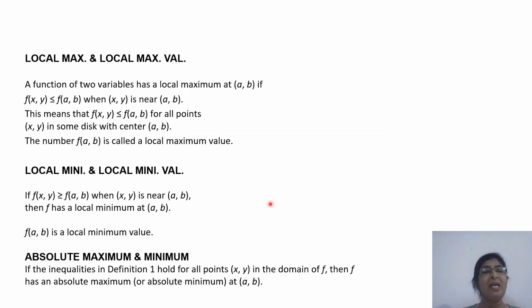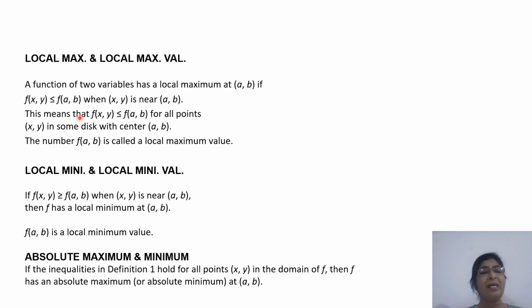Now mathematically, how do we define the local maximum value? A function of two variables has a local maximum at (a, b) if the value of the function at that point is greater than or equal to the value of the function at nearby points, where (x, y) is near (a, b).